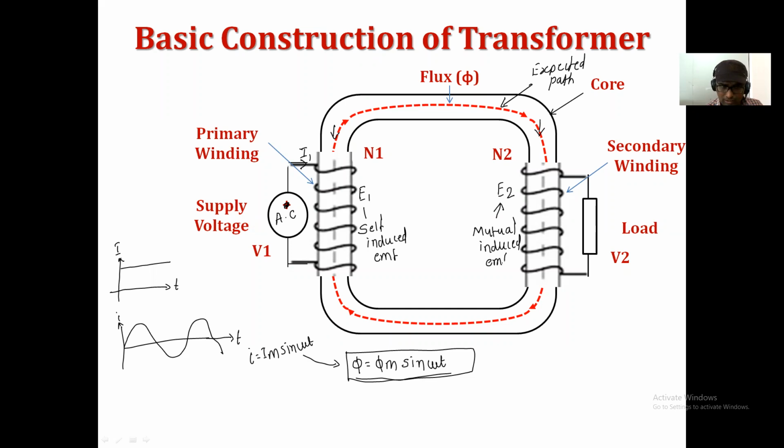It means that according to Faraday's law, the EMF is induced, and if the secondary coil is closed with the load, then definitely the secondary induced EMF will circulate a current in the secondary winding. We say that it's a secondary current.